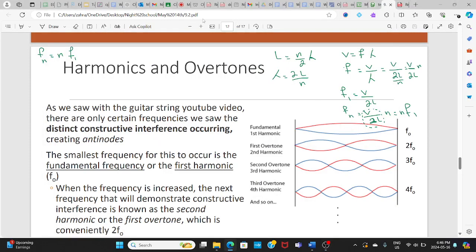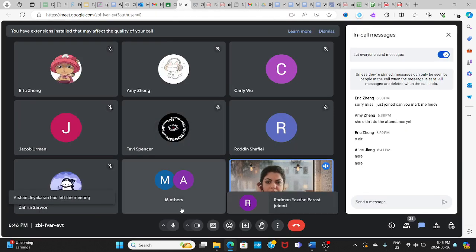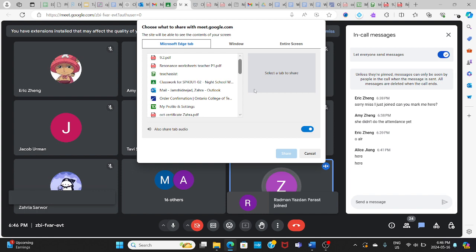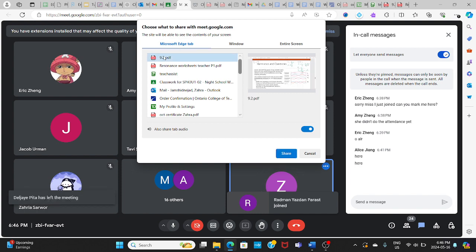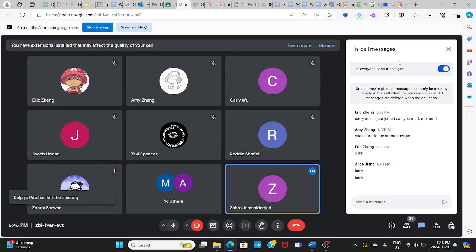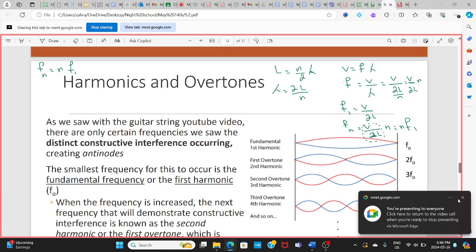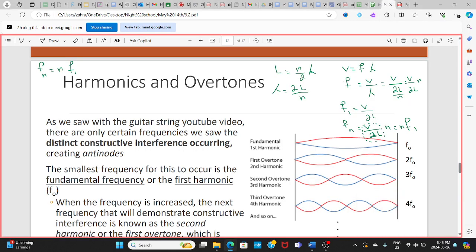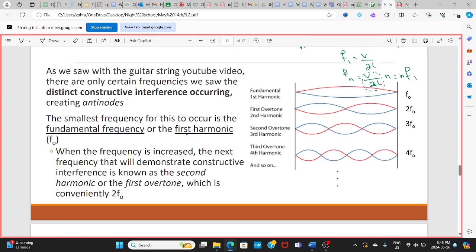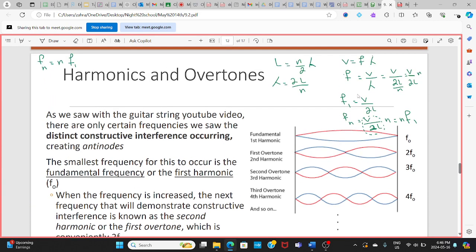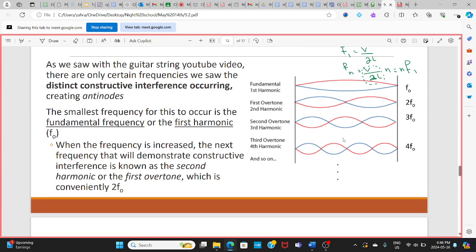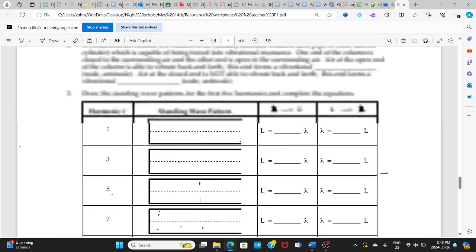All right, so last time we did explain how to derive this equation for harmonics when we have a closed end or when we have a string here.